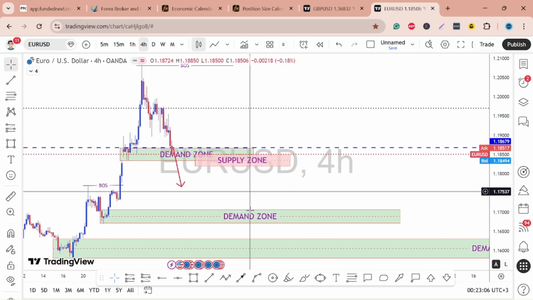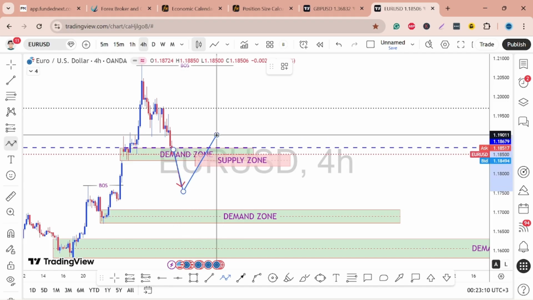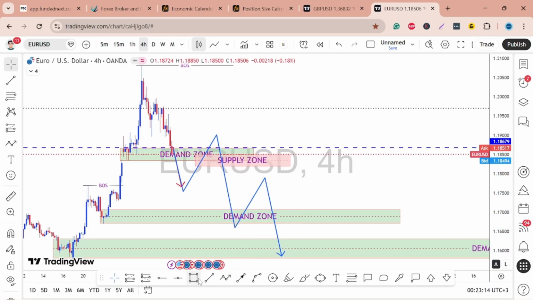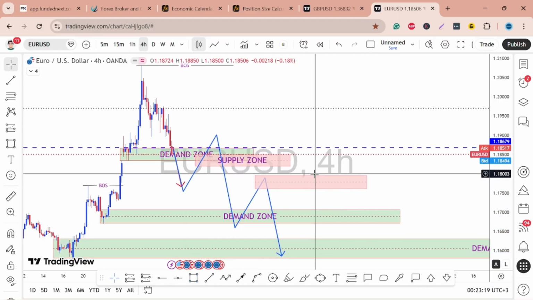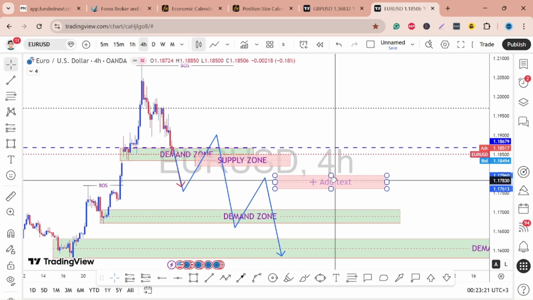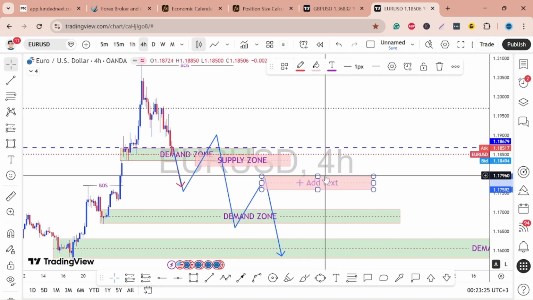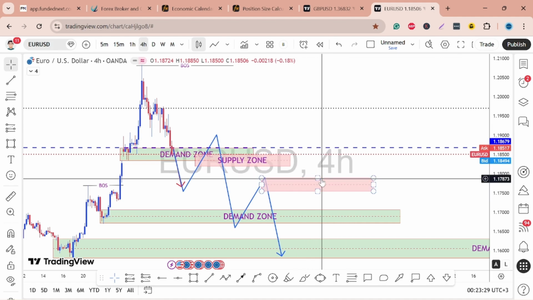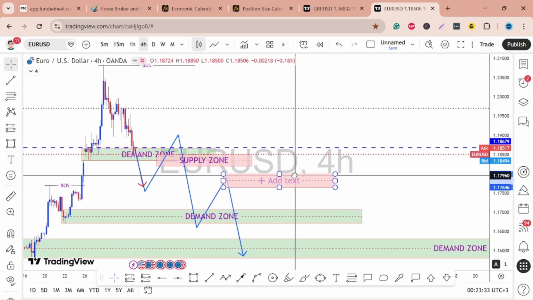If the price continues with that downward momentum, it means for every pullback that the price creates, we'll have some supply zones. Therefore, you can participate in these supply zones that price will be creating as it moves downwards.